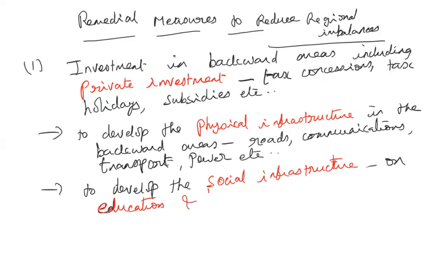All this poverty, illiteracy, inefficiency can be controlled if proper education and health standards are there with the people residing in the backward areas.